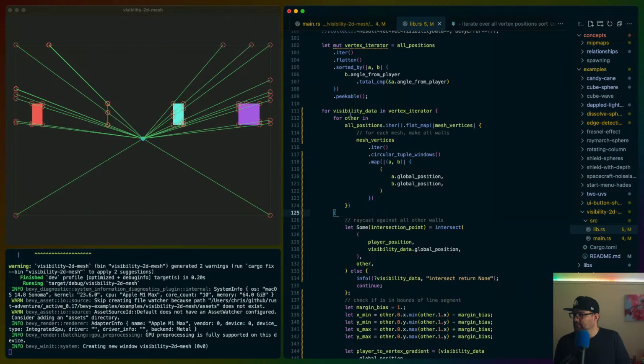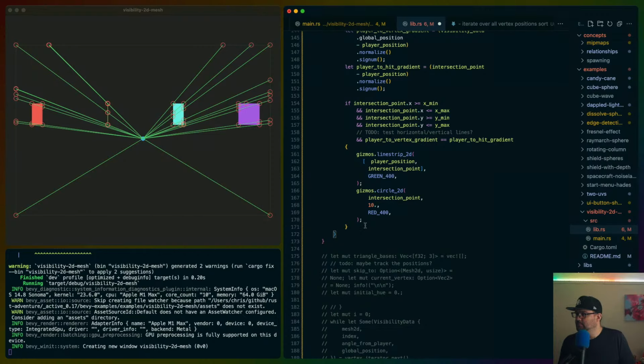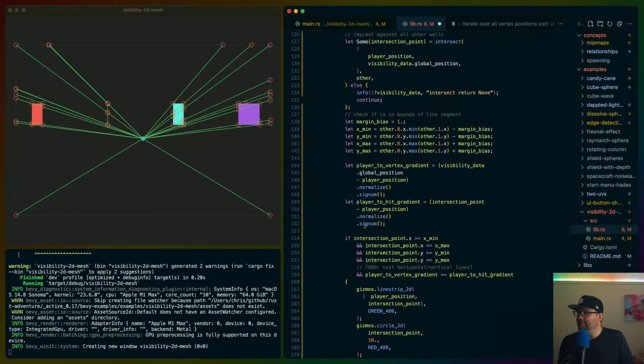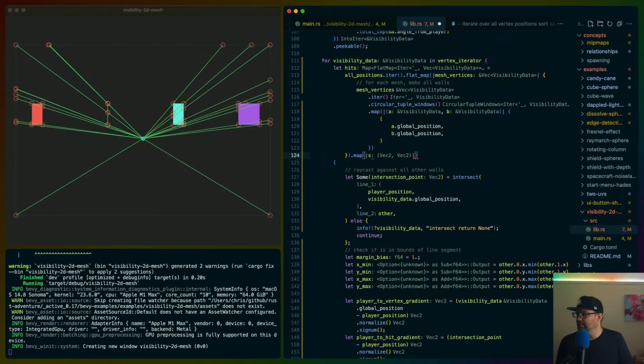So let's call this hits. This is currently flat mapping, but we're not returning anything. Well, no, it's not flat mapping. Sorry. Hits, this is flat mapping, and then we are effectively mapping with our, what do we call this? Vec2, Vec2.